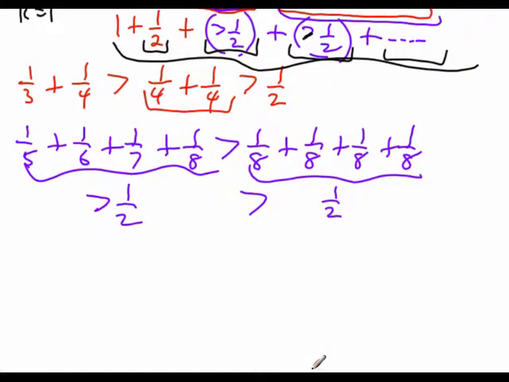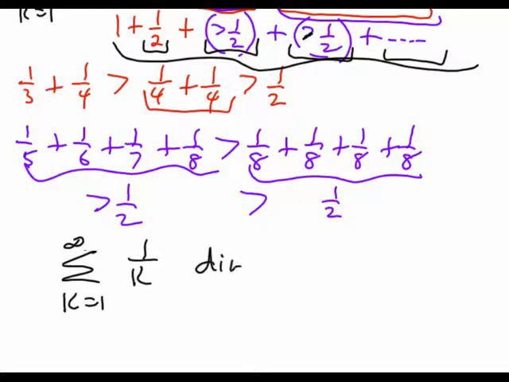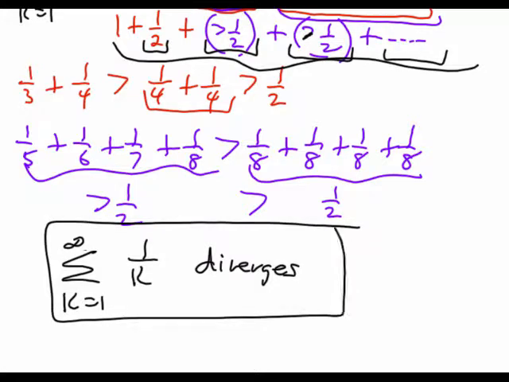And so there, based on that argument, we say that this series, which is the harmonic series, diverges. So whenever you see this particular series, you need to recognize it as a harmonic series and know that it diverges.